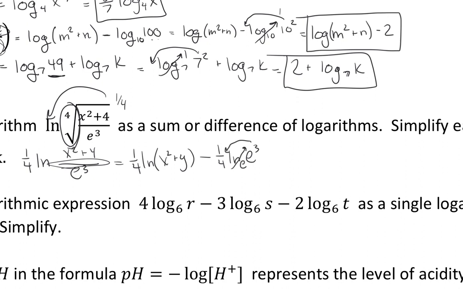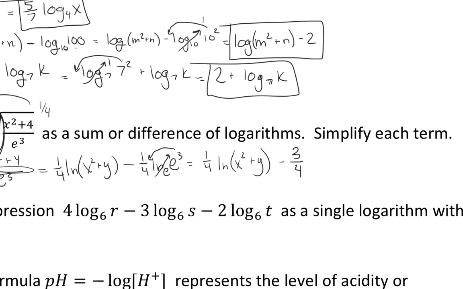This is going to drop, and we're going to be left with 1/4 ln of x squared plus y minus 3/4. And we can't simplify this any further because we're adding. There's no rules with that. That's when we're multiplying. We can't move this exponent right here because of the y. And so this is the simplest form we can be in.